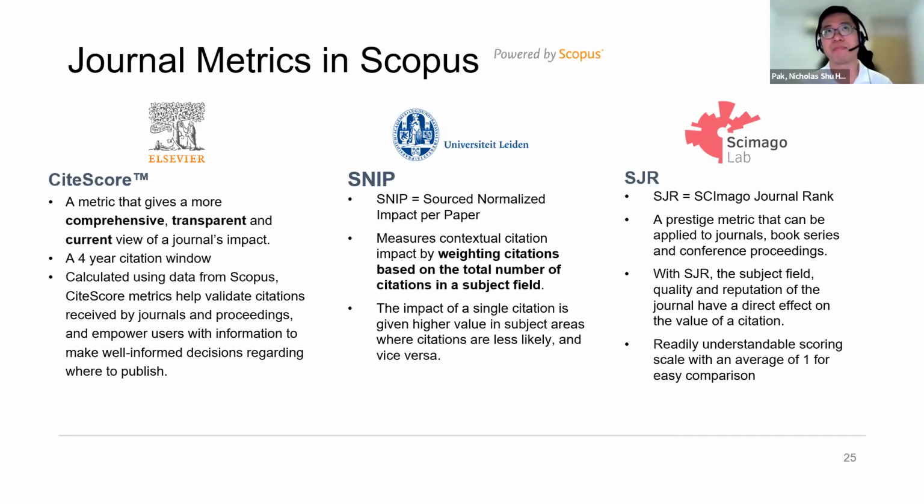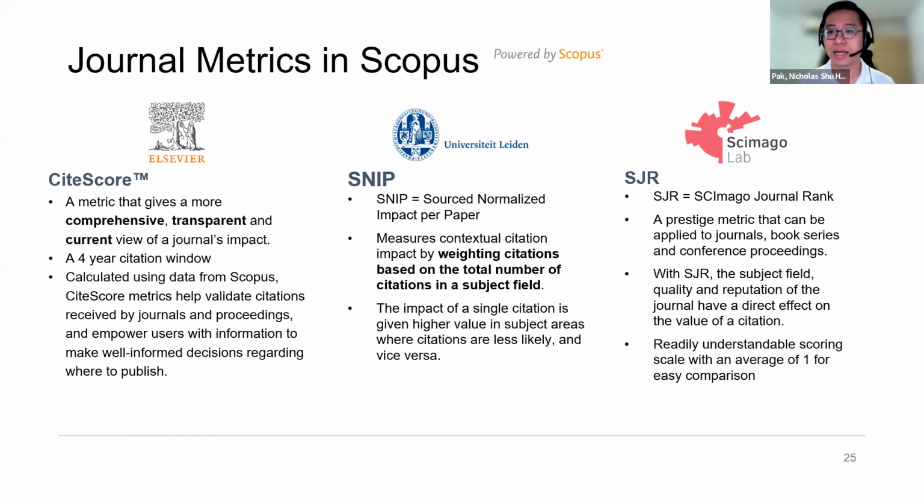Because a paper from chemistry is completely different from something like social science, which is why we want to normalize it so that people understand what we are comparing. The impact of a single citation is given higher value in subject areas where citations are less likely, and vice versa. Next one, we have SCImago Journal Rank, SJR.